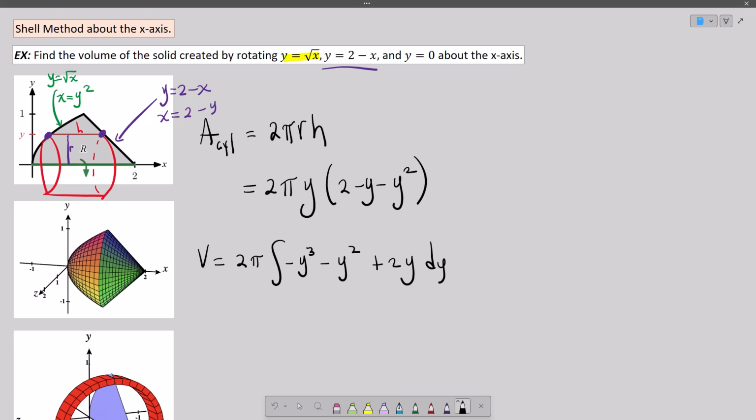The y values are going from 0, apparently up to 1. We should confirm that. If we want to know where these two curves meet, we have square root of x equals 2 minus x. Just to confirm, we could plug in the 1. If you plug in y equals 1 here, you get x equals 1. You could do it by substitution, but the algebra way would be to square both sides and then solve for x.